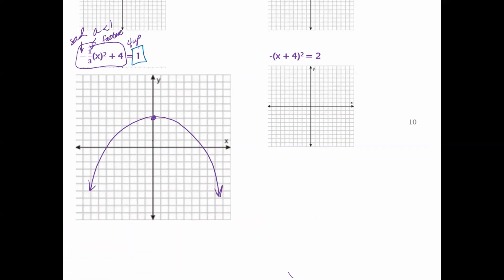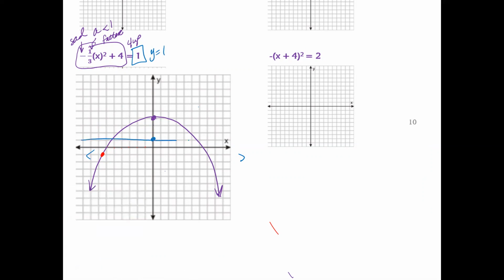Then go ahead and graph the right side, y equals 1. And we're going to find the point of intersection between these two. So that looks like that 1, 2, 3, 4, 5, 6, negative 6.5, and negative 1. Oh, you know what? I'm sorry. I graphed this incorrectly. It should be on top. So let's try that one more time.